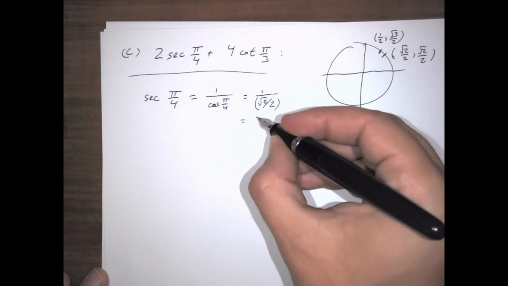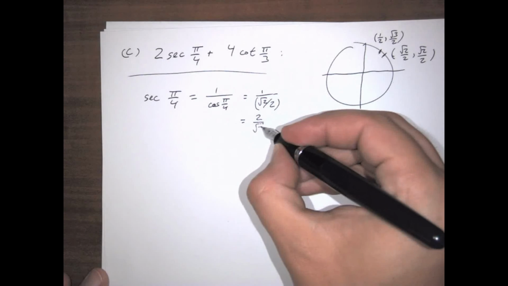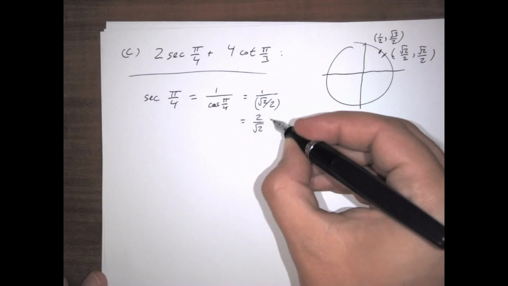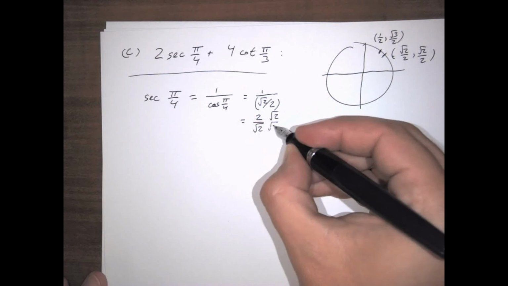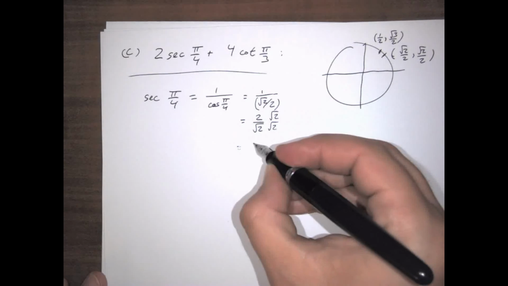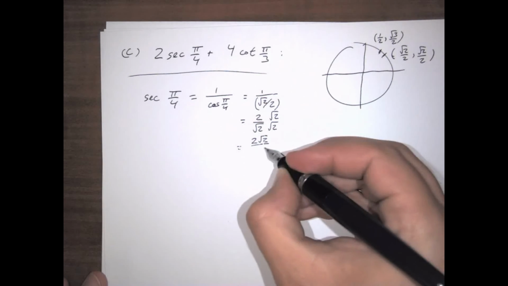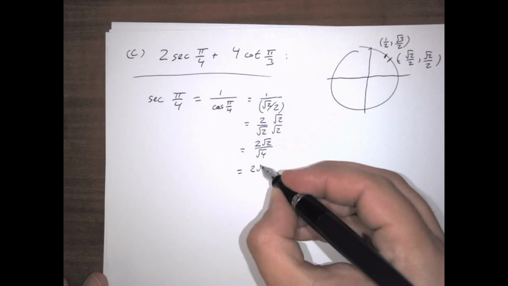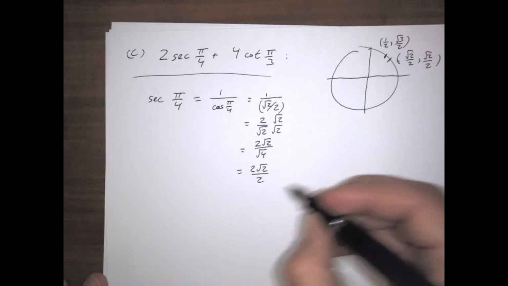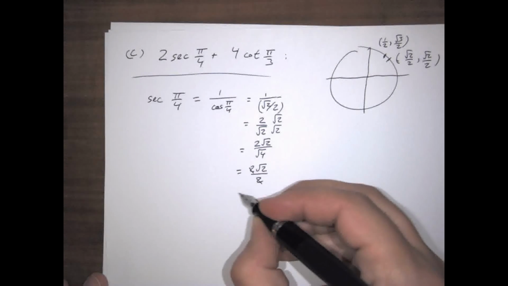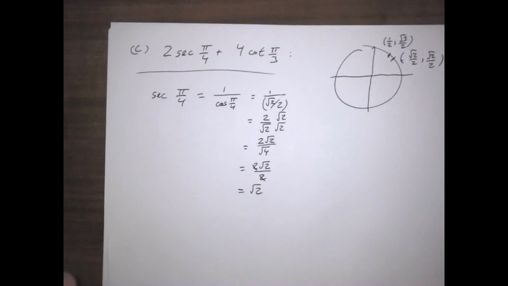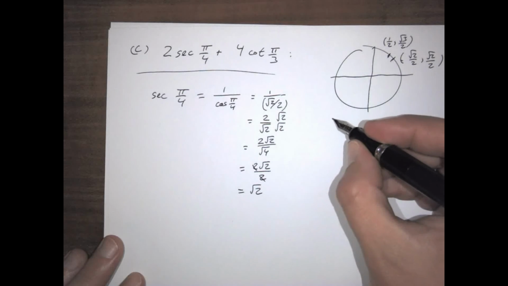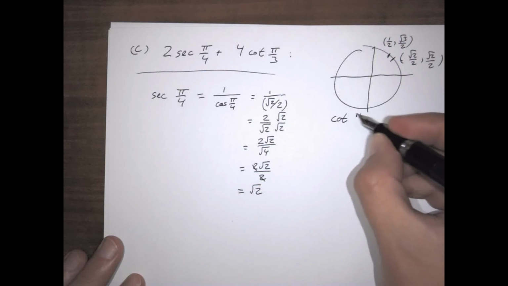Which is equal to 2 divided by root 2, which needs to be rationalized, which gives us 2 root 2 over root 4. In other words, 2 root 2 over 2, and those cancel, and it gives us just root 2. Okay, so good.